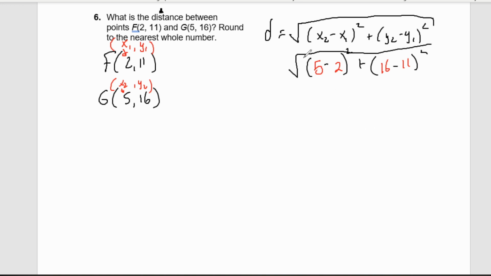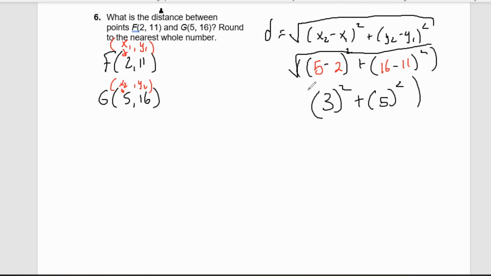And then we have to understand that the radical itself is an understood or implied grouping symbol. So I've added these parentheses here to make sure I follow PEMDAS. So inside of my parentheses, I have 5 minus 2, which will give me 3. And then inside this layer of parentheses, I have 16 minus 11, which will give me 5.